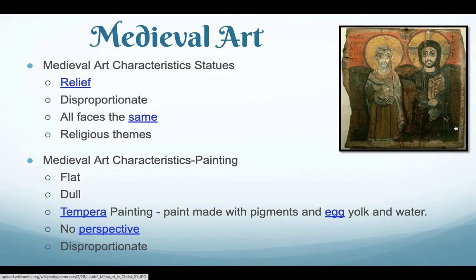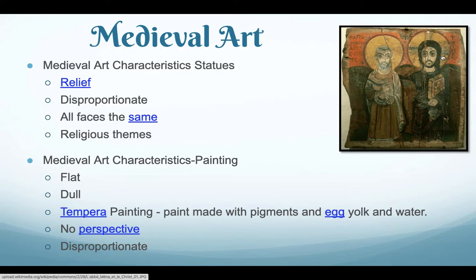When we get into the painting, the paintings are very flat, very dull. This right here is an example of a medieval painting. You can see that the faces are the same. They're just colored a little bit differently. They used what's called tempera painting, which is why it has a yellowy look, because tempera paint is made out of egg yolk and water. There's no perspective, it's very two-dimensional, and very disproportionate.